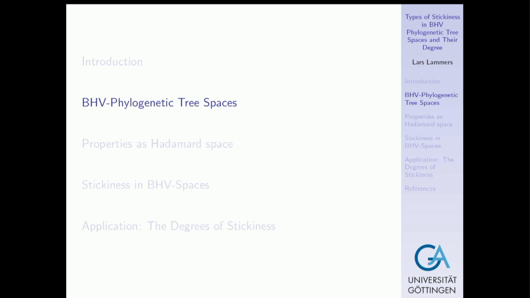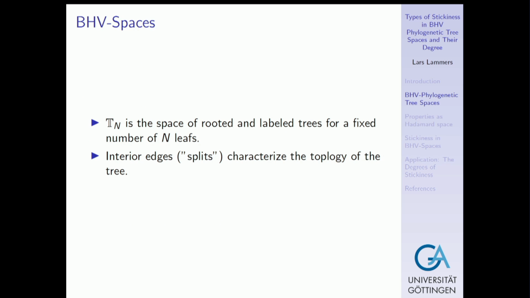So maybe let's talk a little bit about the BHV phylogenetic tree spaces. We denote by Tn the space of rooted and labeled trees with a fixed number n of leaves. What you have with these trees, as we've seen before, is that the interior edges, which people call splits, characterize the so-called topology of the tree.